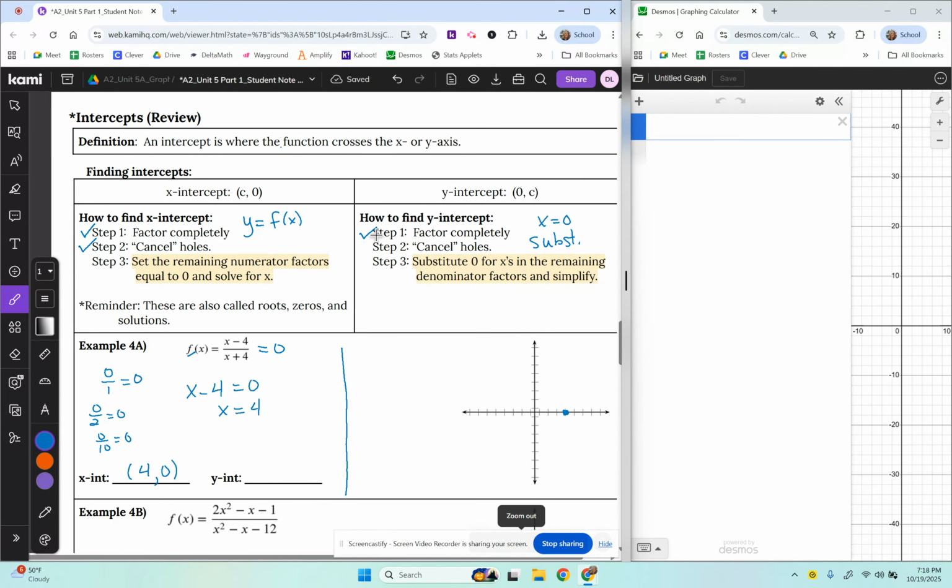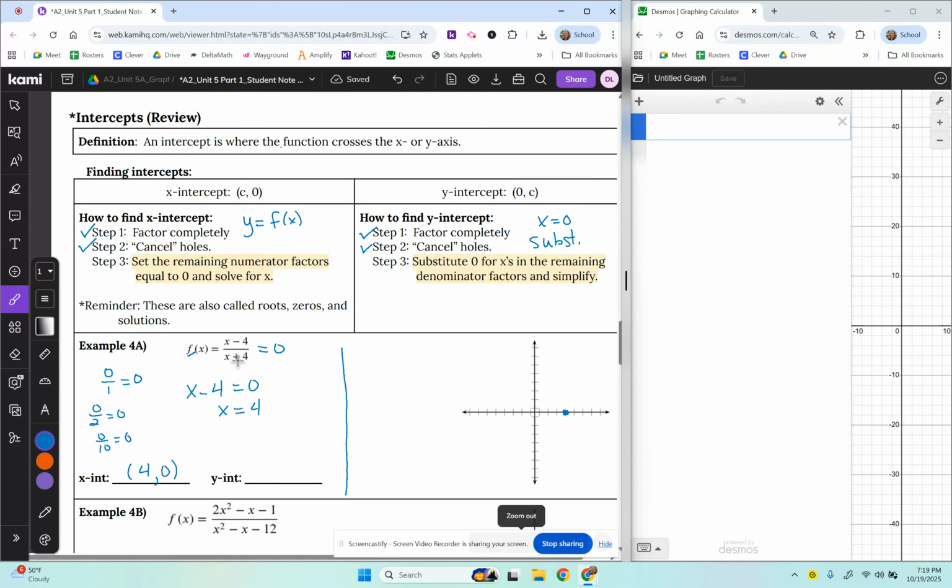Again, you still need to factor and cancel out any holes first, because if you don't, you'll get 0 over 0, and then your calculator is going to give you an error and your graph won't show up. Okay, so you want to make sure that you do those steps first. That's why we factor and find those holes first. Get them out of the way, and then we can work with what's left.